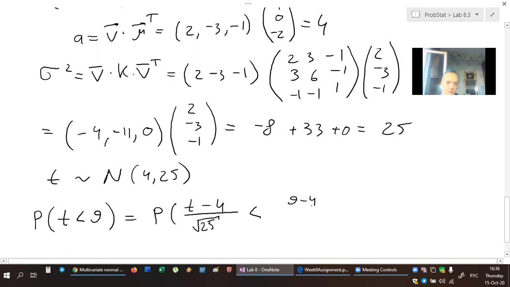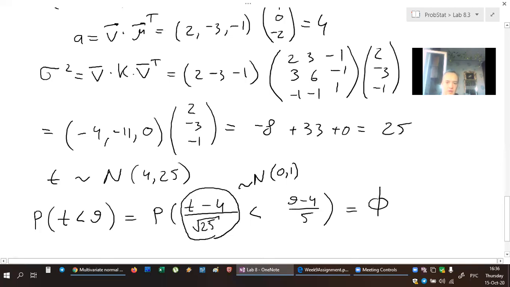So 9 minus 4 divided by 5. So this random variable here is normally distributed with parameters 0 and 1. So we can use a table for normal distribution. So it will be the value in this table for the argument 1.